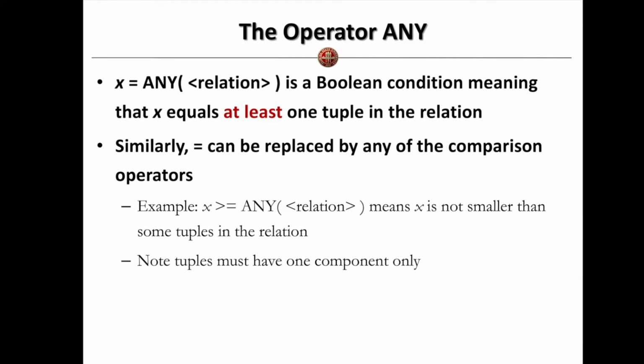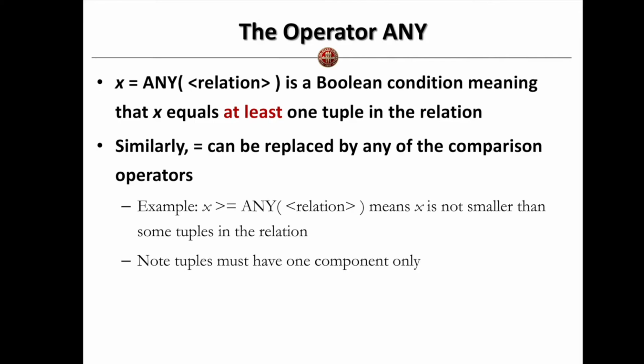It denotes a comparison between a tuple versus a relation, right? So, for example, x is no smaller than any of a relation means x is not smaller than some tuples in the relation. If we can find one case that makes this condition hold, then we return a true value.